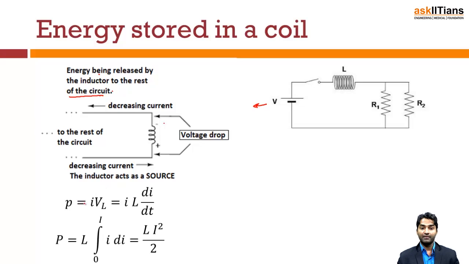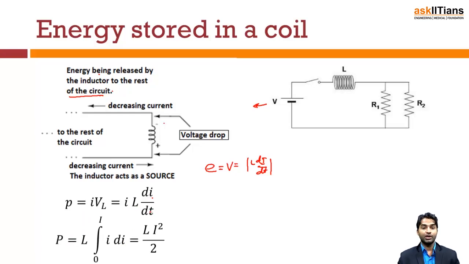Now power is equal to voltage into current I, and the voltage we already calculated, that is the EMF, L into di by dt. When we put this value over here, we get power equal to I into L di by dt.